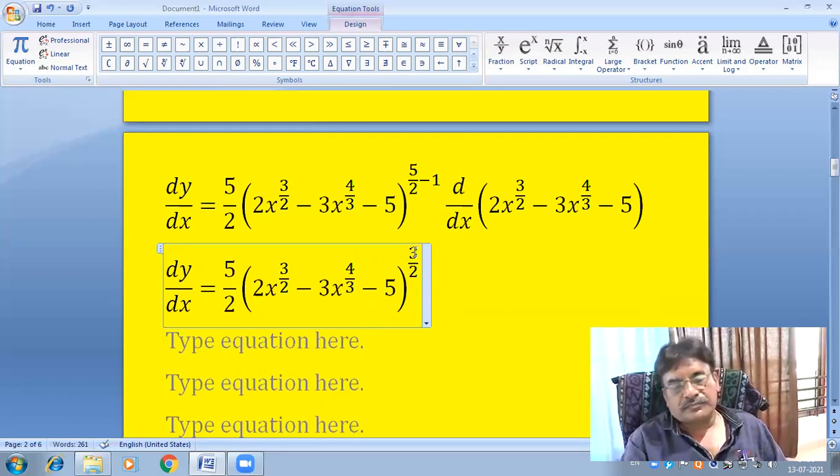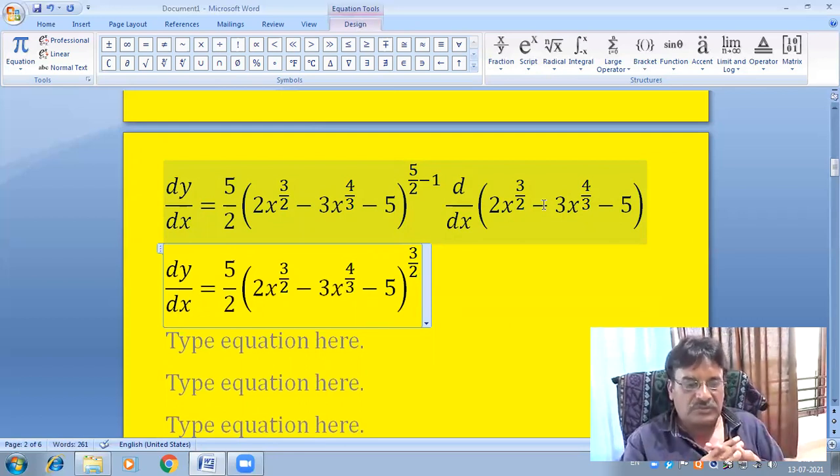So we write the bracket to the power 5/2 minus 1, that is 3/2, into d/dx of the bracket. In this bracket we use the subtraction rule. We know that d/dx of u minus v is du by dx minus dv by dx.